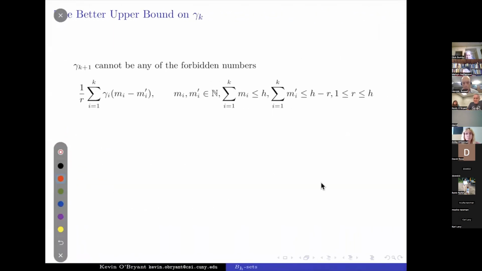Okay, so here's the idea. We have our forbidden numbers, and if we write them as multiplicities, the forbidden numbers look like this. So gamma k plus 1 can't be anything like that, where the multiplicities add up to h. The other multiplicities add up to h minus r, because r is the multiplicity of the new element and why it's getting forbidden.